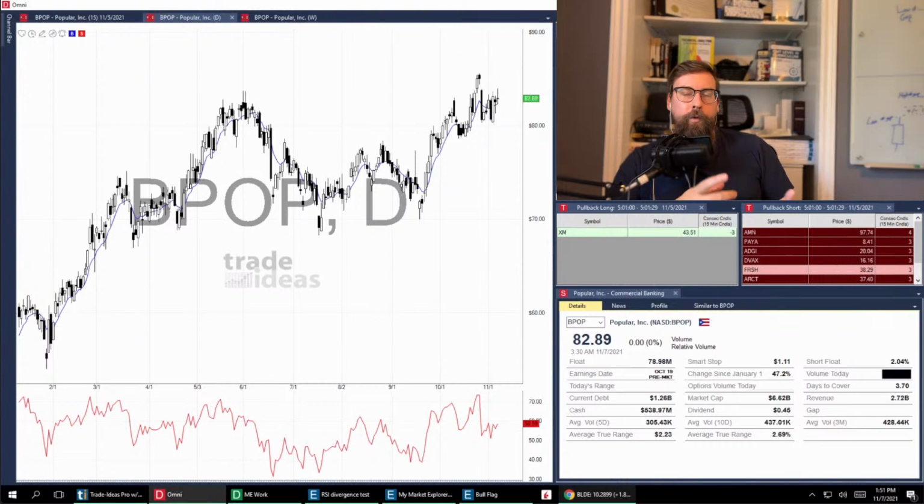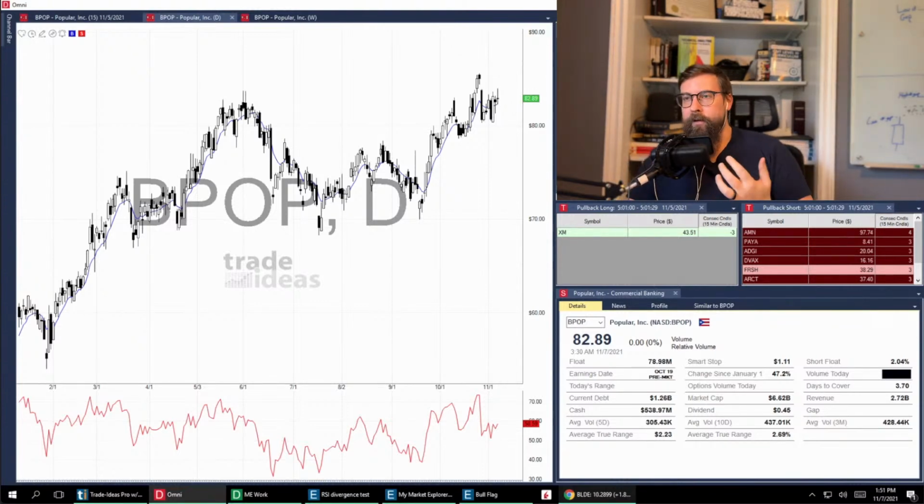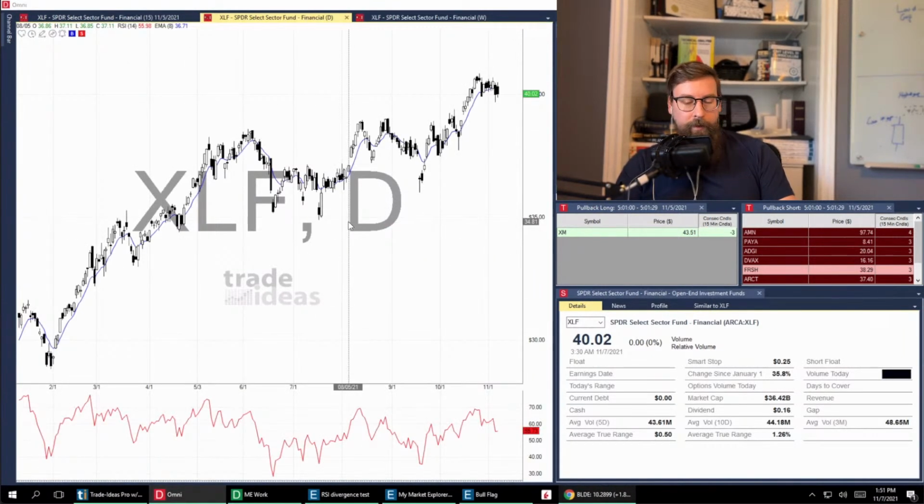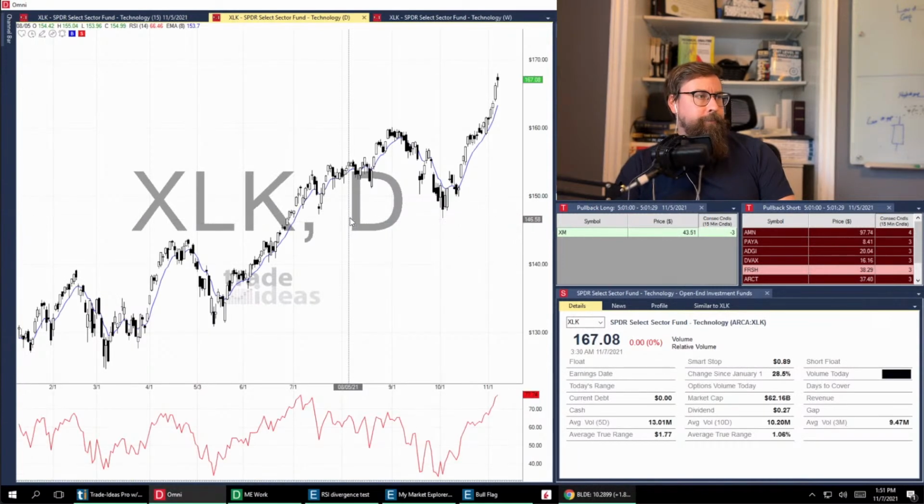So that's why I go through those different ETFs, like the energy ETF. We went through XLE, because if I see energy stuff chopping sideways or financial stuff chopping sideways, then I know that makes sense because that's what their ETF is doing. If I look at something like XLK, and I see something in the technology sector that hasn't run recently, I'm a little bit worried about it, because why hasn't it run?